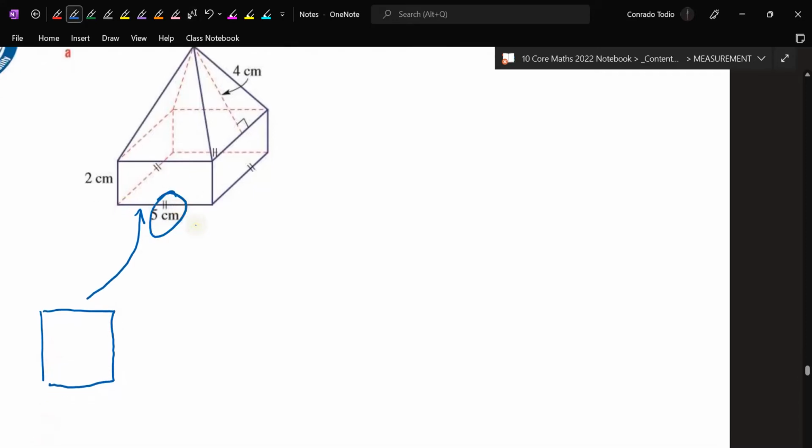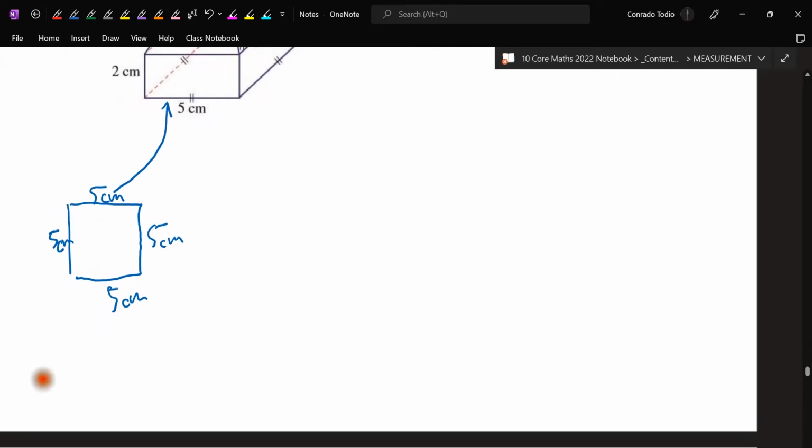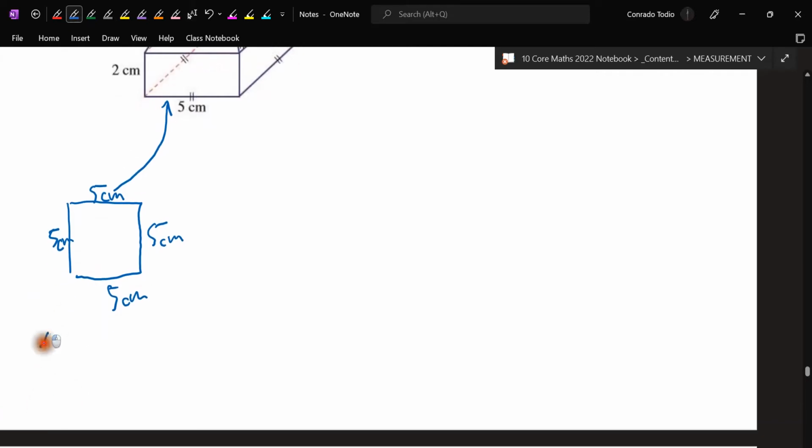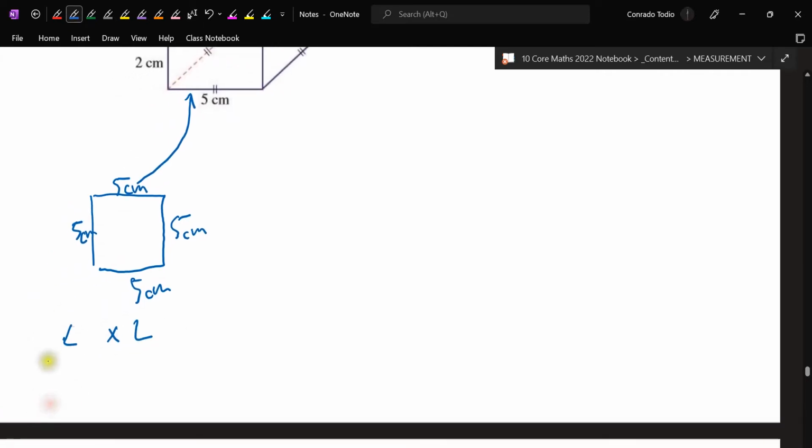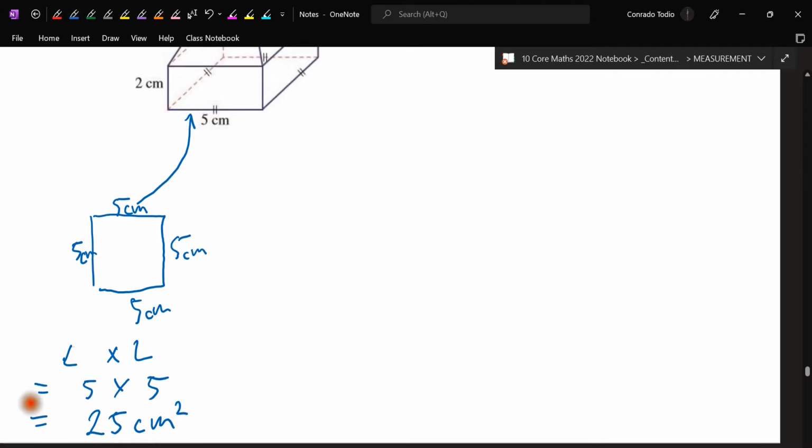Because, again, like Jamie mentioned before, these lines mean they're all exactly the same. So if they're all 5, 5, 5, 5, you don't have to write them all. Just putting it for you. Okay, so that means the area of this is going to be length times length, which equals 5 times 5. So that equals 25 centimeters squared.